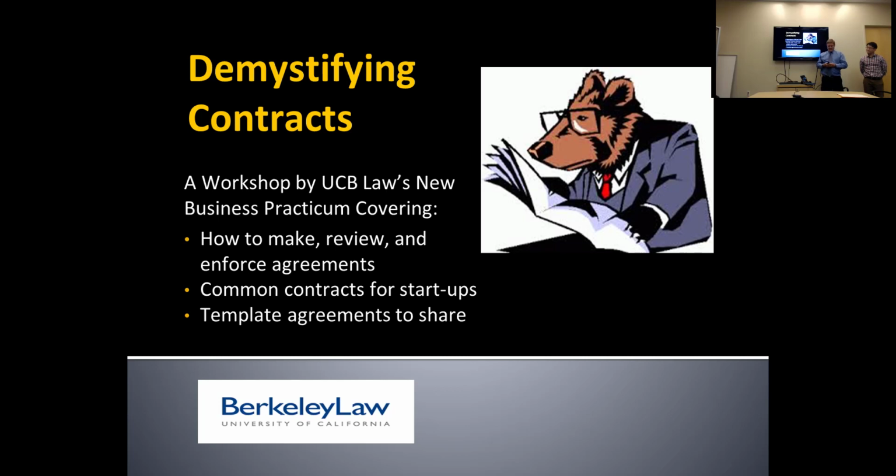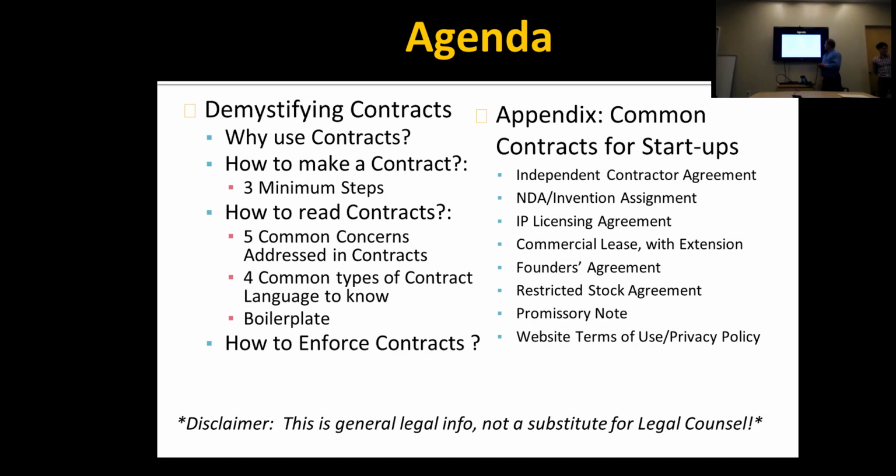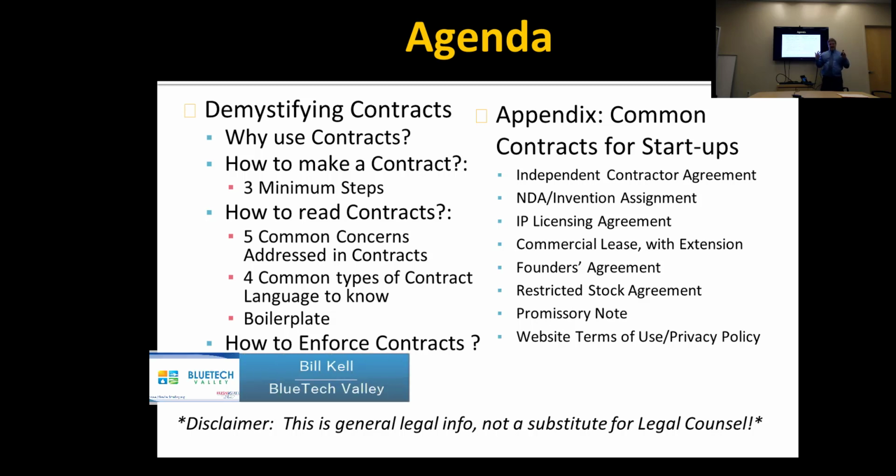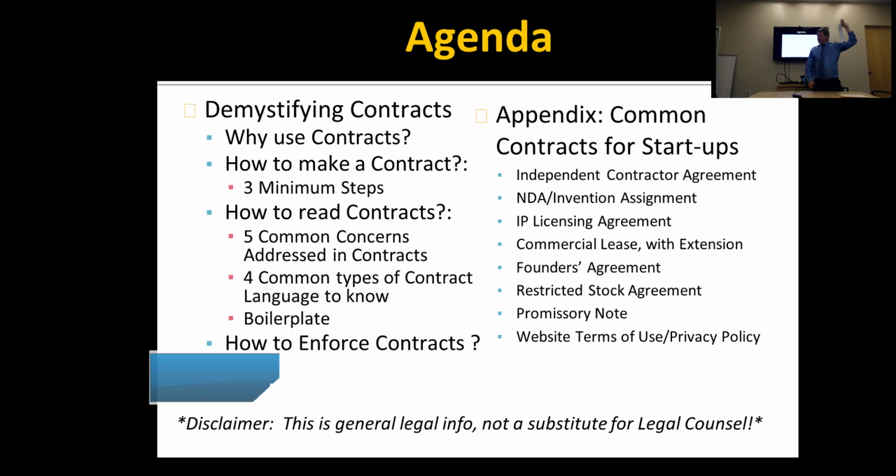Here is our agenda for today. First, a few things about why use contracts. I think probably most people in the room know why we use contracts. Then the minimum steps to creating a contract. And then here's something that might be really helpful to you. Contracts, like this one here, a commercial lease agreement, about 15 pages, very intimidating.